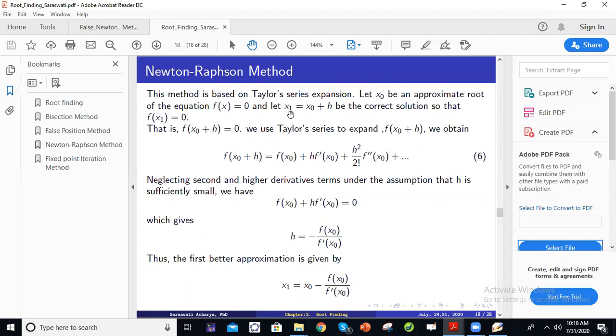We know x1 is the correct root. x1 equals to x naught plus h. We just know x naught, we need to find h. Here h equals to minus f of x naught over f dash x naught. Okay, we just replace x1 equals to x naught plus h.